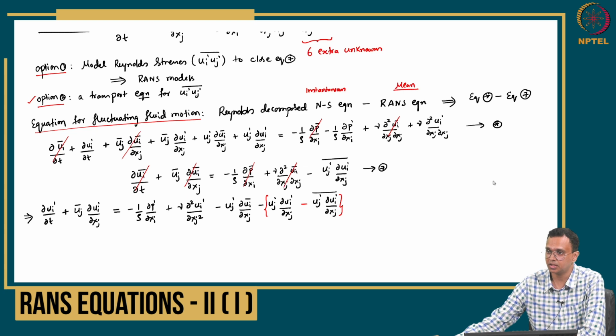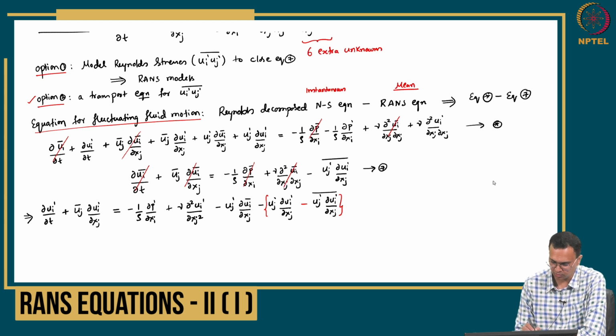That means if you are interested to study turbulence itself, not the mean velocities but fluctuating velocities, u1 prime, u2 prime, u3 prime, you have an equation from first principles here. At least the first 4 terms look fine, they look a lot similar to your Navier-Stokes equation, except that it is prime instead of an instantaneous velocity: an unsteady rate, convective rate, pressure gradient, as well as the viscous term.